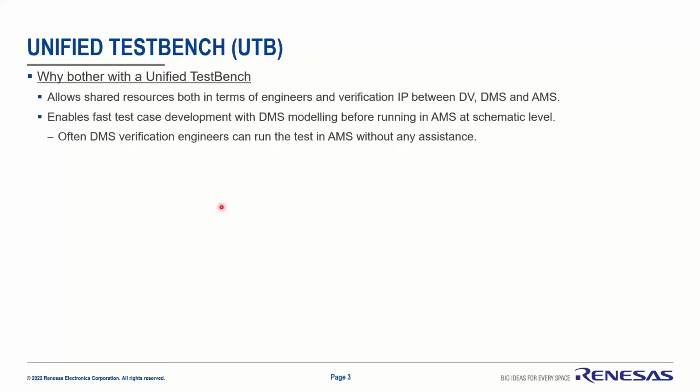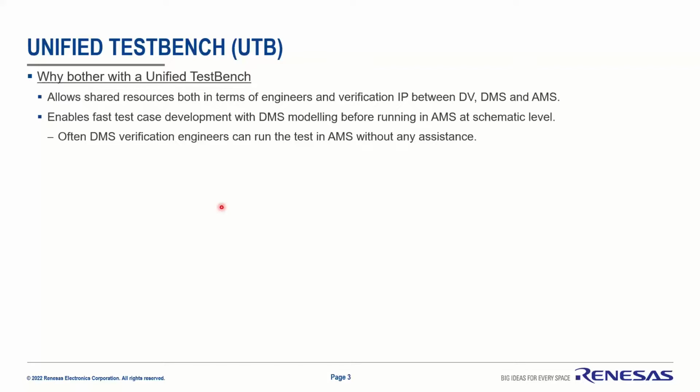The other thing, and this is something we do a lot on the Edinburgh site for Renesas, is we develop a lot of our test cases and validation using DMS models, and then we switch to schematics and we run the same test case.